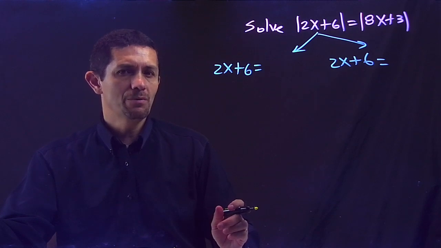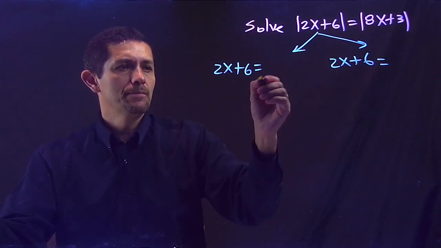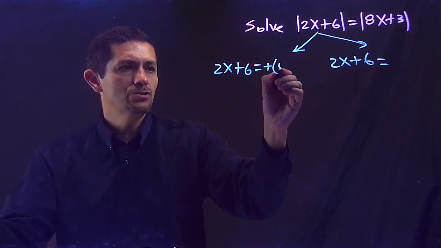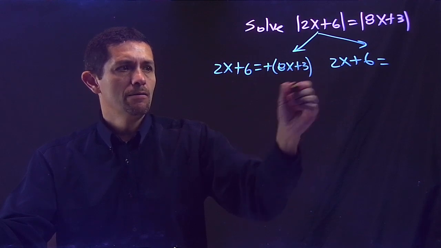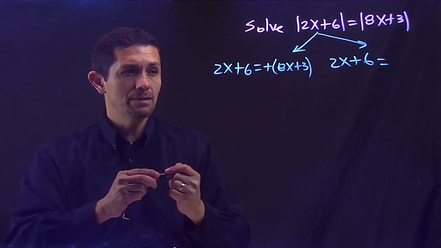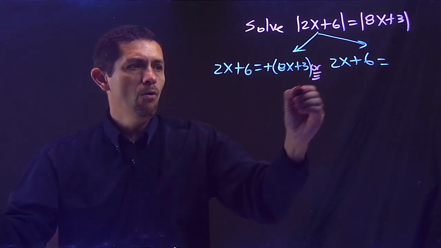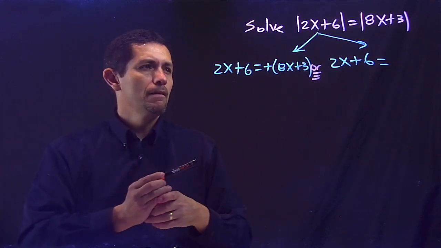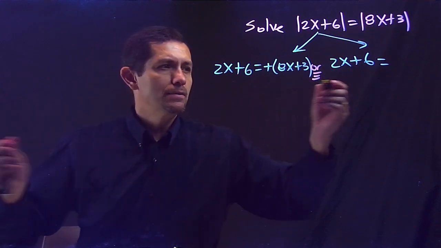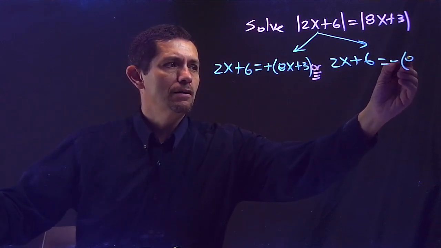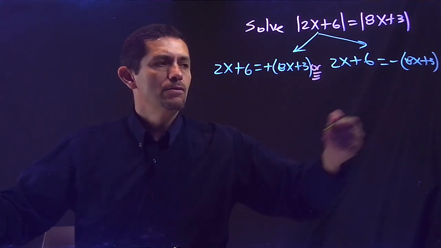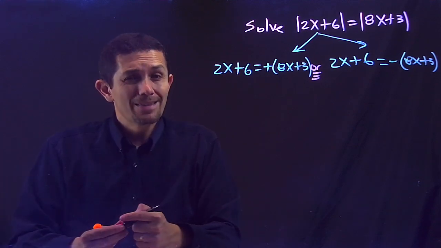That's the whole idea with absolute value. I'm going to exaggerate right now: put a positive and a parenthesis right there. A positive, or the same thing but with the negative. I'll have a negative on the outside, 8x plus 3.